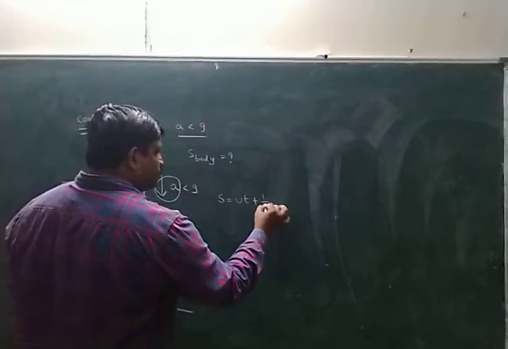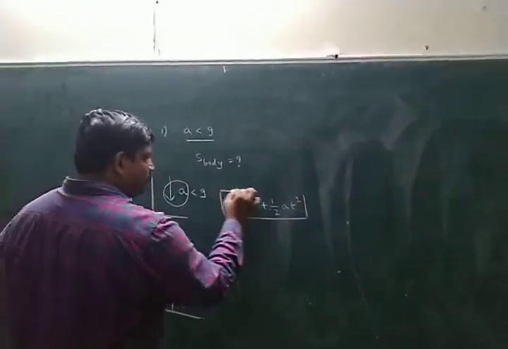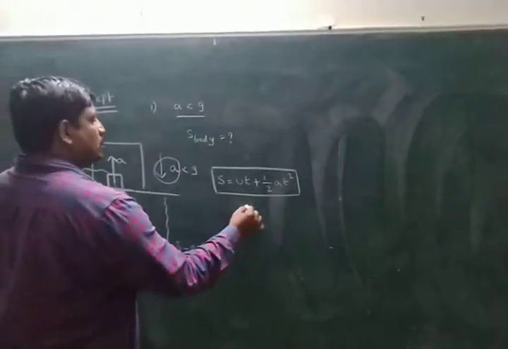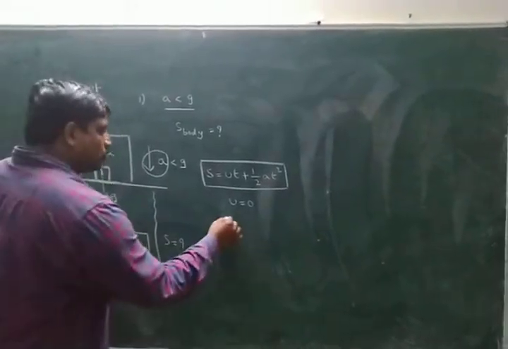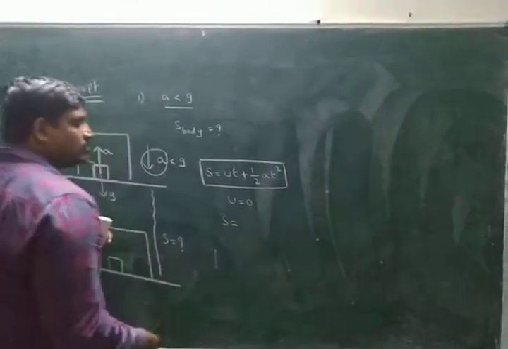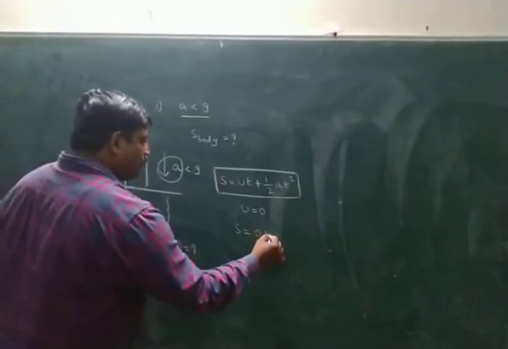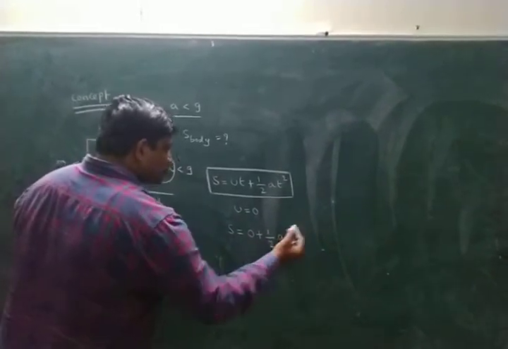S equals ut plus half at square. Here the lift is at rest, which means u becomes 0. That's why S equals 0 plus half at square.